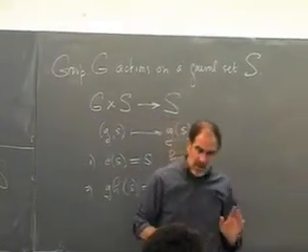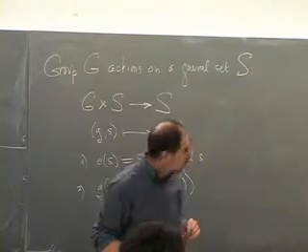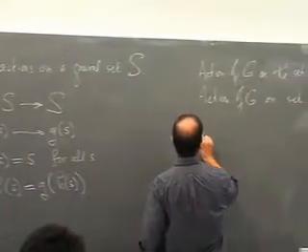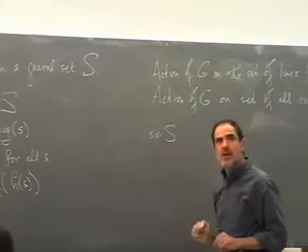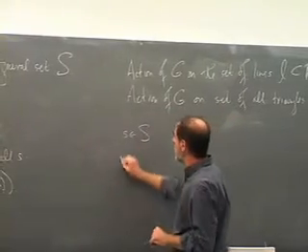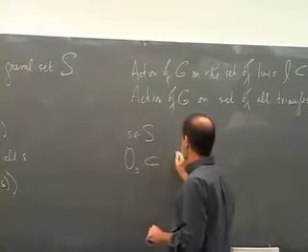Okay? Now, here's some terminology. If S is in the set S, we define 2 sets. One is a subset of S, called the orbit.